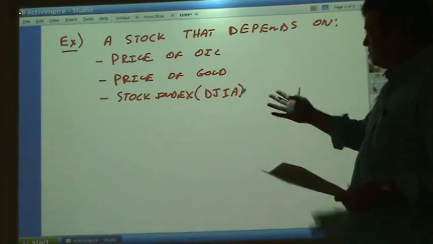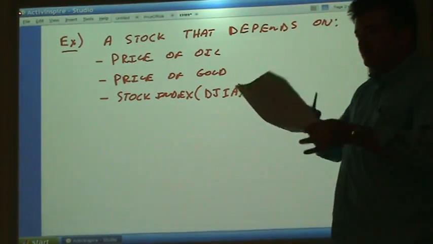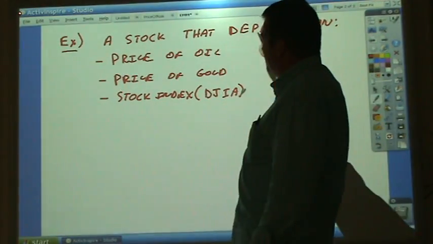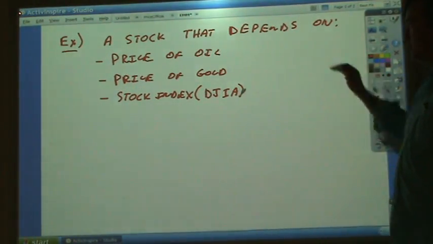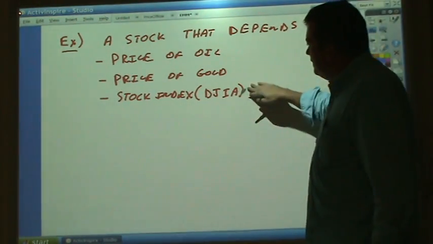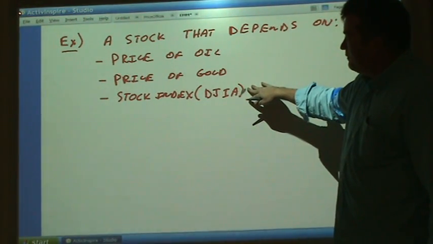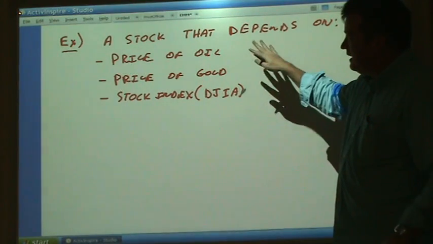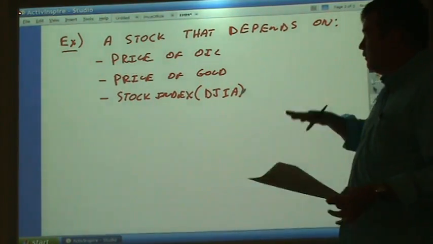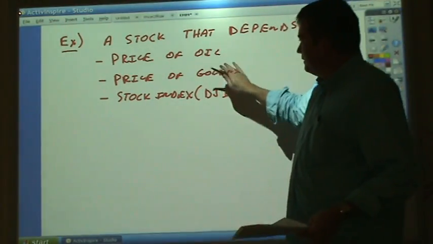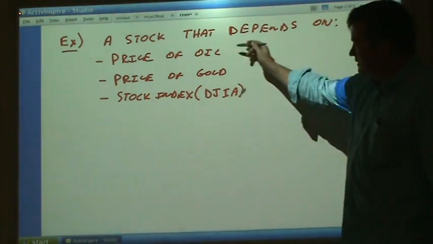So you tell me the price of oil, gold, and the index as they're changing, and I can calculate how much the stock is going to change. Suppose you concluded that a stock moves with these three things. So now we're getting away from the idea that the derivative is, let's say, a call option or a put option on the stock. Now, all of a sudden, the stock is moving with changes in these three.